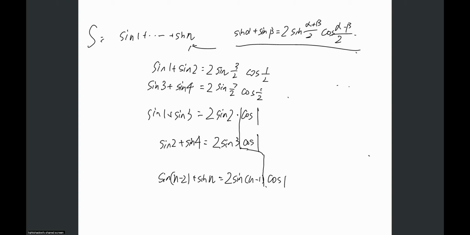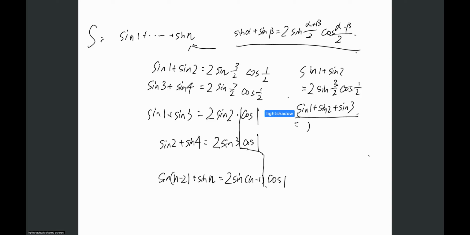And what about sine 1 plus sine 2 equals 2 sine this, cosine this, and sine 1 plus sine 2 plus sine 3 equals 2 sine 2 cosine 1 plus sine 2.